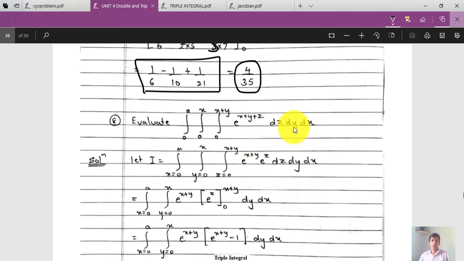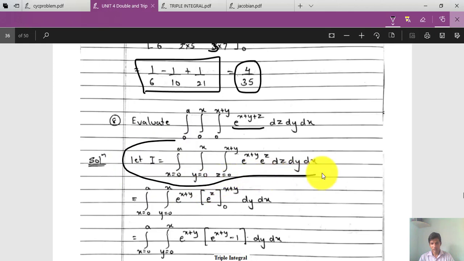Now come to this problem. The given function is expressed in the form of e raised to x plus y plus z, dz dy dx. Suppose in an examination this part is not given. First you should note the limit points are expressed in terms of what?